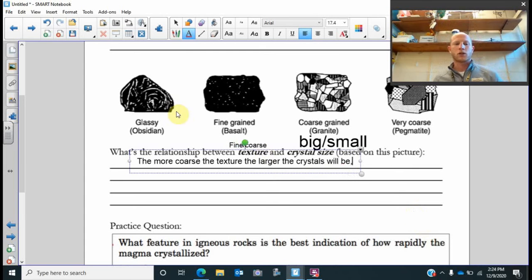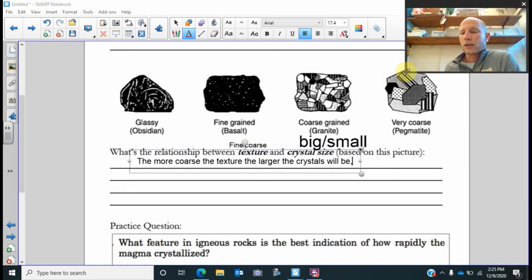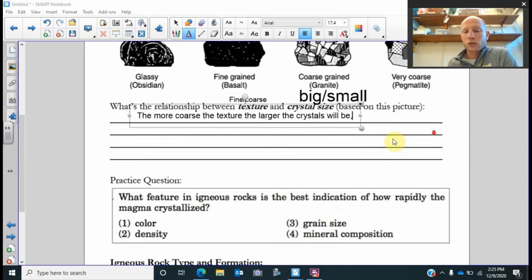So really no crystals here in obsidian. But basalt, these guys form really quickly, so there could be some crystals, but they're microscopic. It's hard for us to see with the naked eye. And then as we get to granite and this pegmatite, these guys are easily seen with the naked eye, and their texture is also rough.